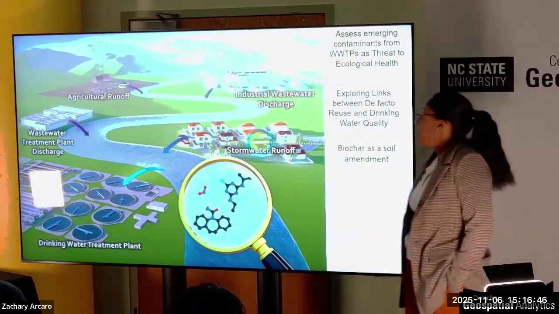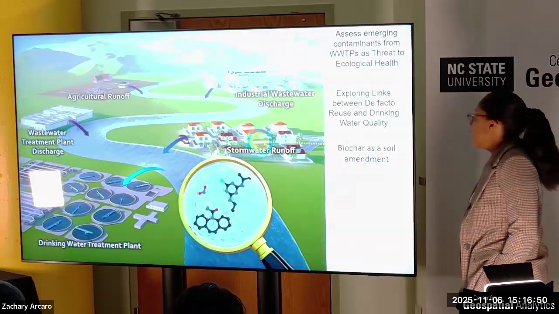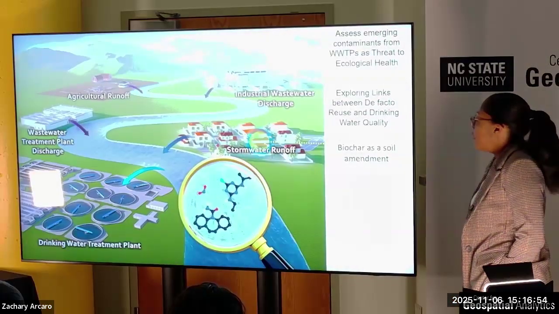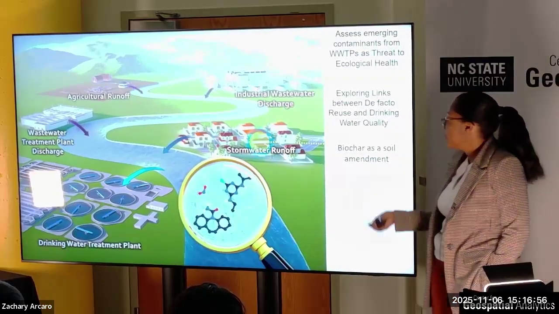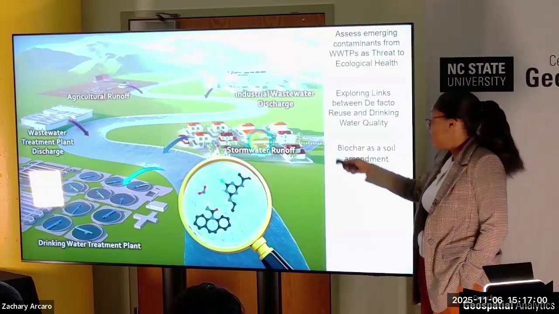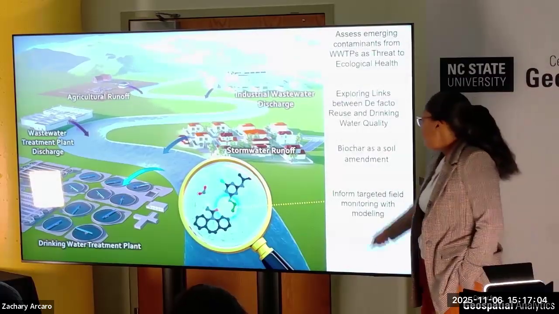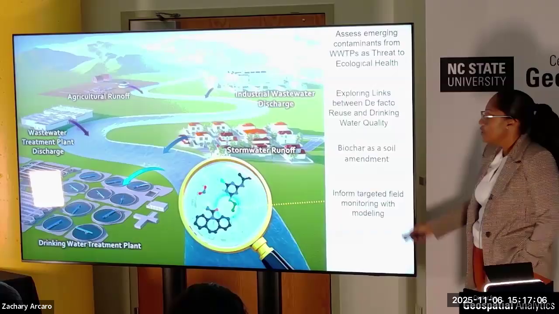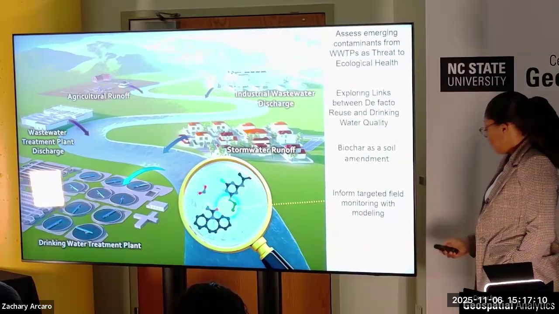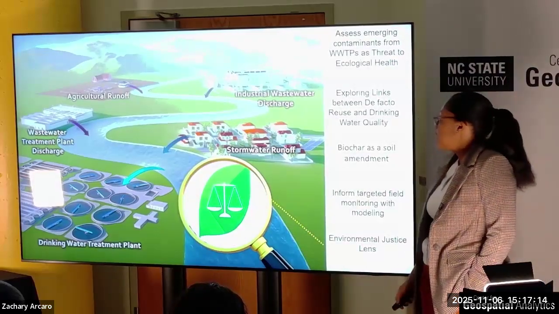I've also done some work on stormwater runoff and going more on the mitigation approach, where we were looking at utilizing biochar as a soil amendment to try to capture some of those compounds before they reach surface water. And then under this umbrella of informed targeted field monitoring with modeling, again just looking at it through that lens, and also applying an environmental justice lens as well.